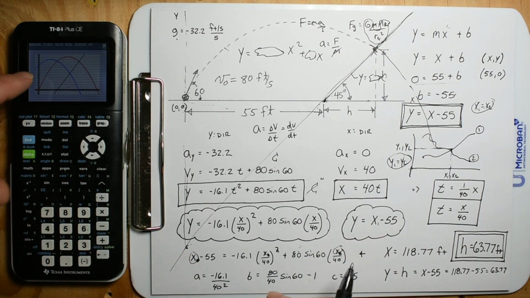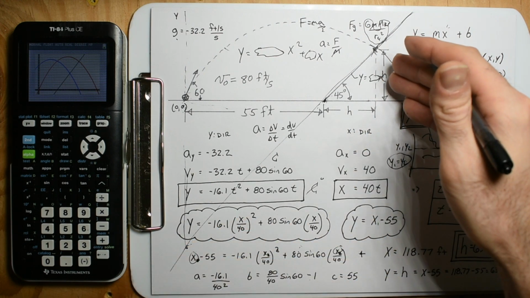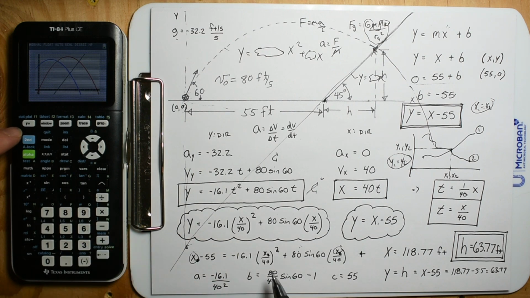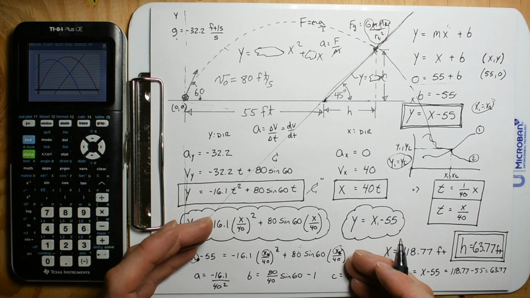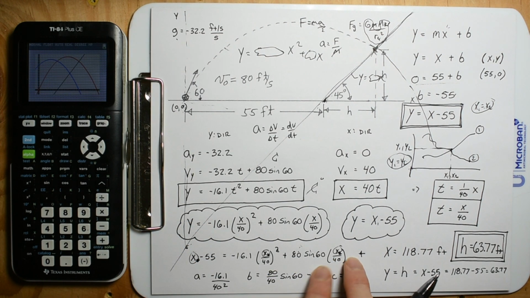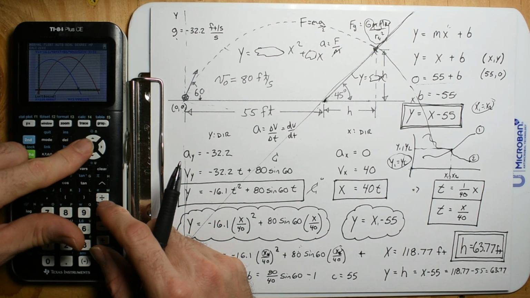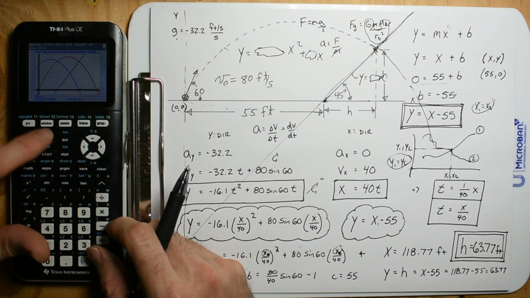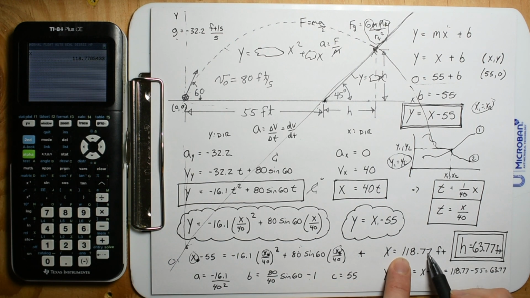This blue line, I actually don't know what it physically represents, but I do know when it crosses the 0, when this equation is satisfied, the x that makes this equation balanced, or if I get this to the other side, the x that makes this side 0, is going to be my value of x. So I'm going to do a 0, a left bound, a right bound, and a 0, and we get 118.7. So hell yeah, we get 118.7 feet.